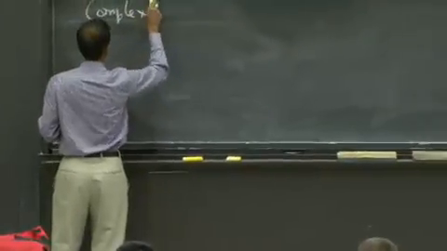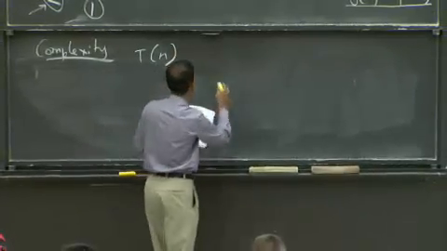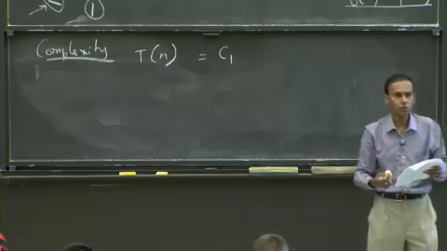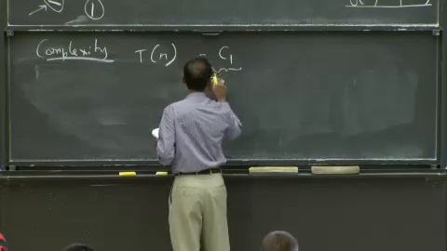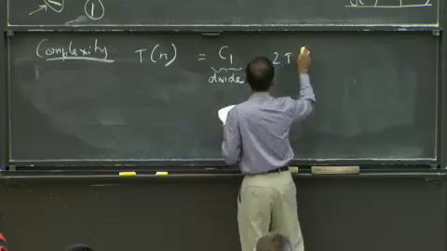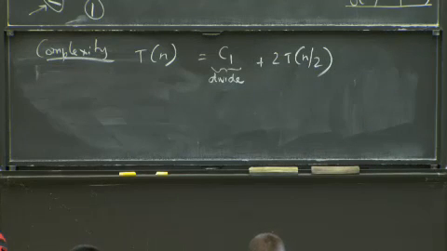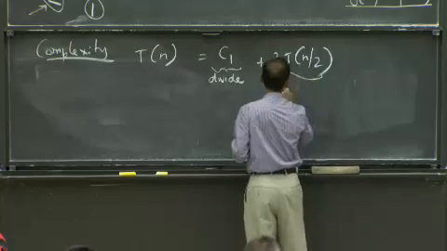When I say complexity, I can say T of n, the work done for n items, is going to be some constant time in order to divide the array. This is the part corresponding to dividing the array. And there are going to be two problems of size n over 2, so I have 2T of n over 2. This is the recursive part.